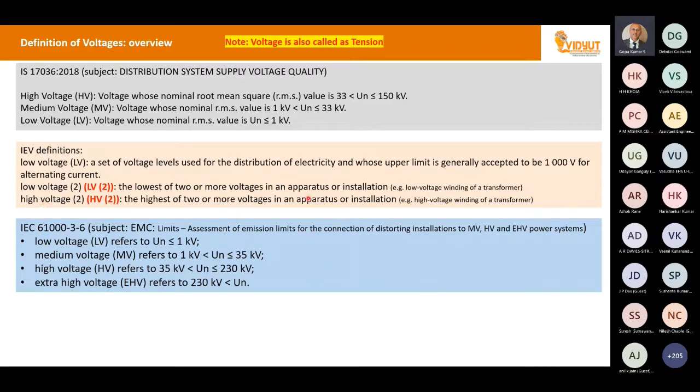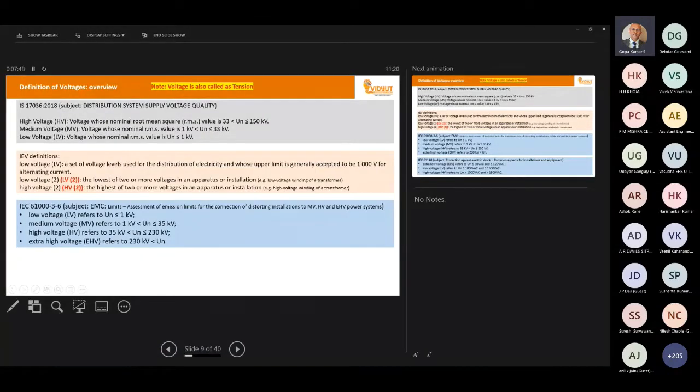One moment, again I have a small power cut. Yeah, I hope the full screen you are able to see. It is with 2 slides. Okay, one moment, sir.